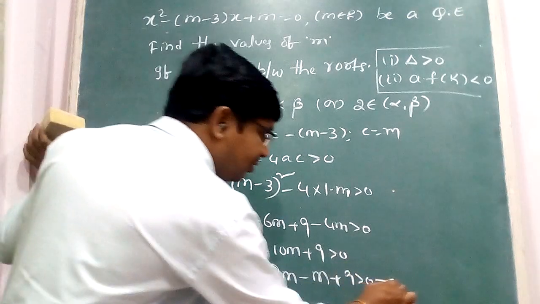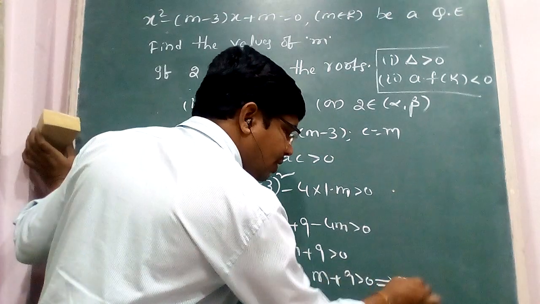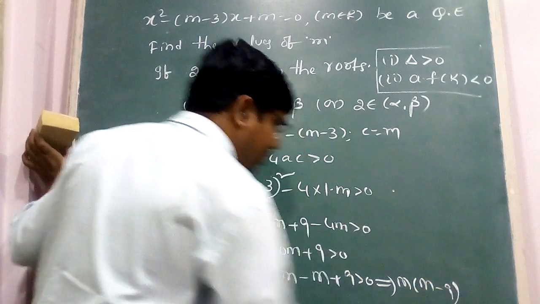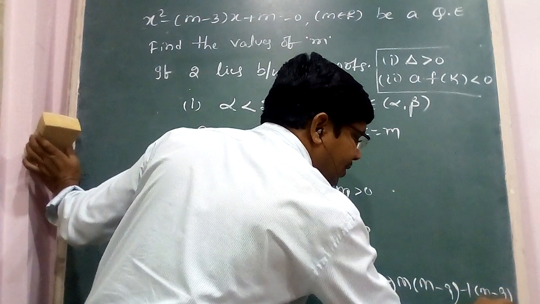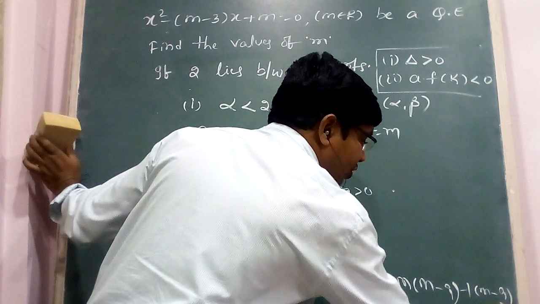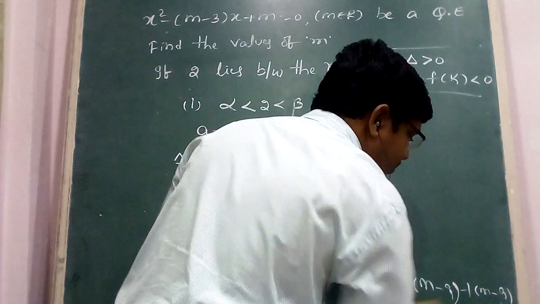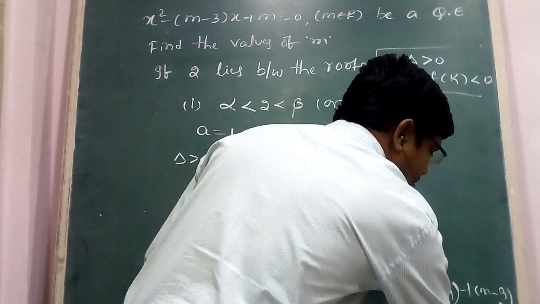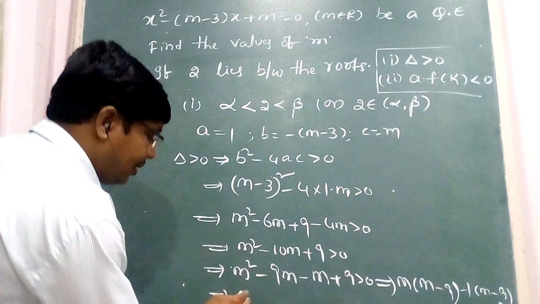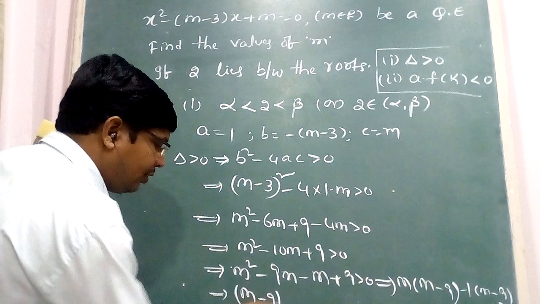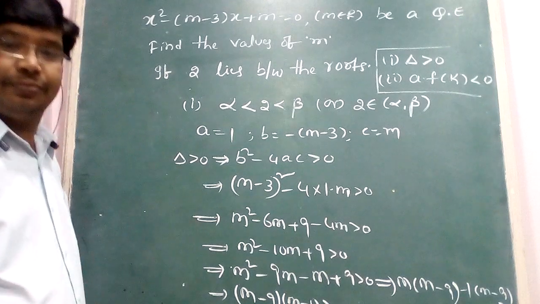This is written as, we can take m common from this one, and minus 1 common from the other. m minus 9 into m minus 1 is greater than 0.